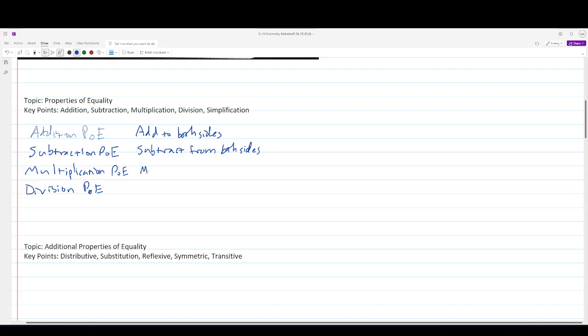Multiplication is where we multiply both sides. And just as a side note on that one, like a star note, it does not include distribution.